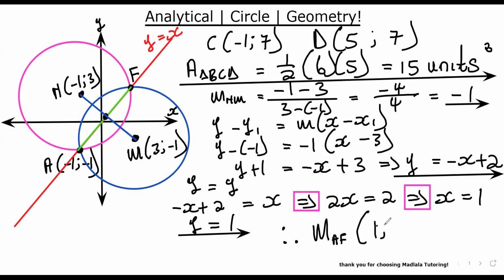It's just going to be 1 and 1. And then you get your very nice and beautiful marks. So I really think this is the easiest way I could have done it.